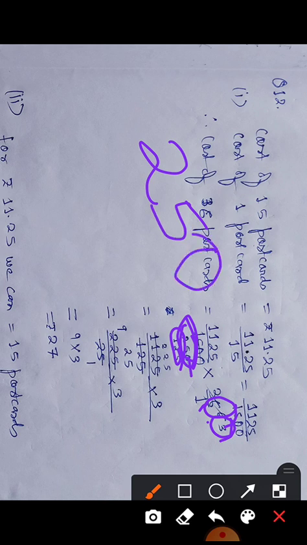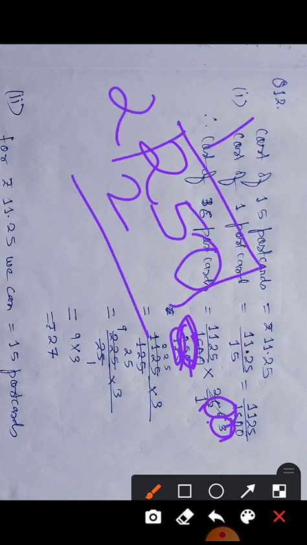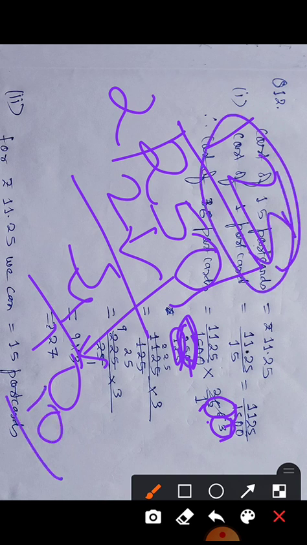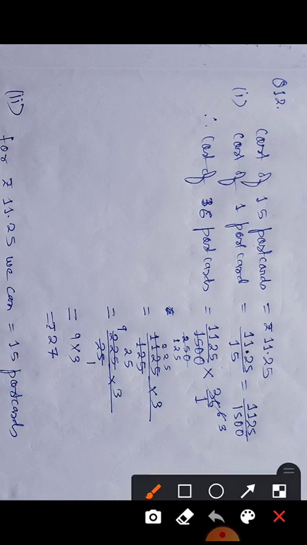If you divide 250 by 2, 2 1s are 2 and down 5, 2 2s are 4, again 1, then 0 comes down, then 2 5s are 10. So you got 125. 125 already I have written here, you can see.